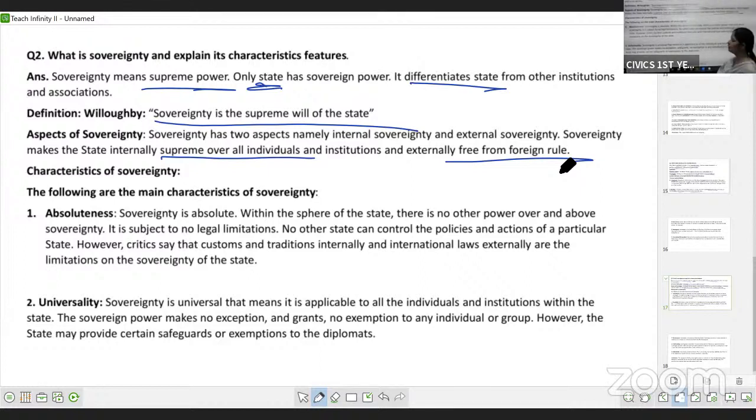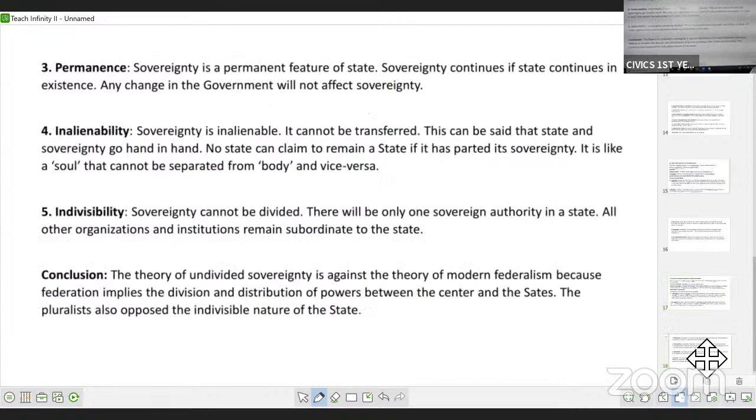Then your characteristics. Sovereignty is absolute. Universality: universal means applicable to all. Then permanent: sovereignty is a permanent feature, a state continues its existence. Any change in government will not affect the sovereignty.